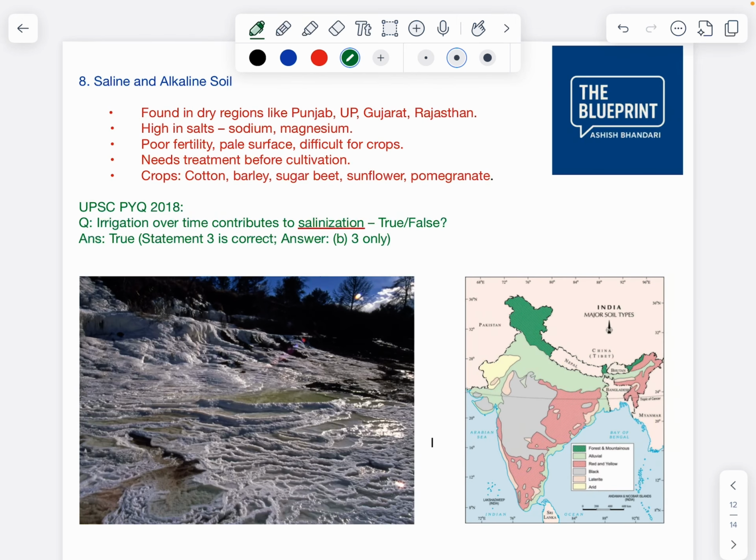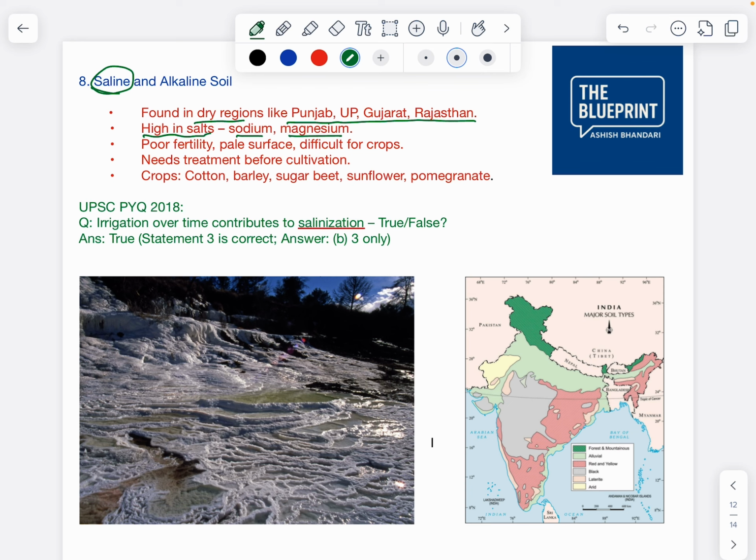Now we have the saline or alkaline soil. Saline soil, guys, is high in salts, like sodium and magnesium. It is found in dry regions like Punjab, UP, Gujarat, and Rajasthan. So why is it saline? As I have already said, when the land is wet, we have acidic conditions.